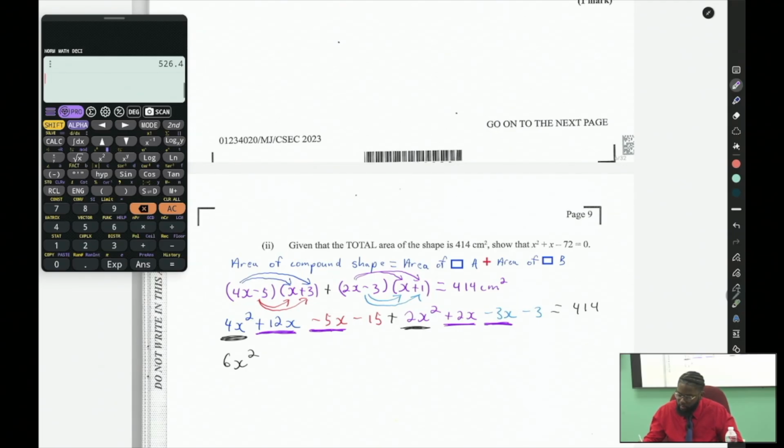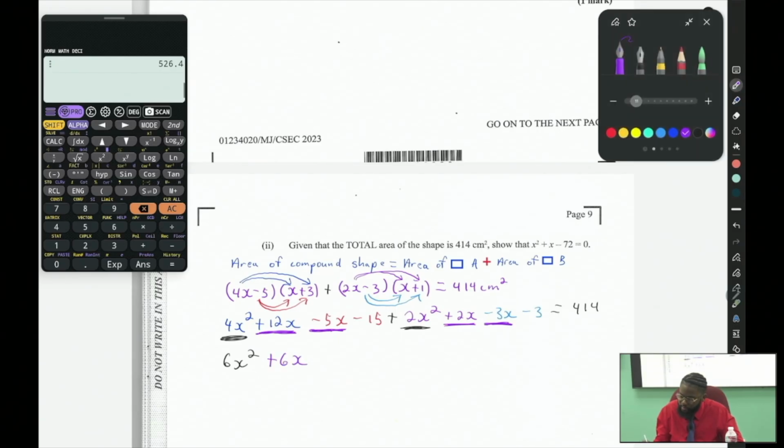When we calculate all of that, 12x minus 5x is going to give us 7x. 7x plus 2x, which is going to give us 9x, minus 3x, which is going to give us plus 6x.